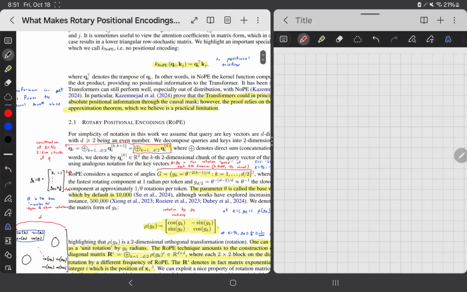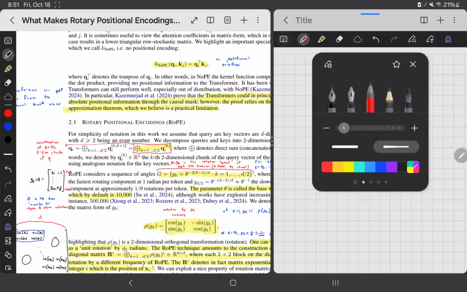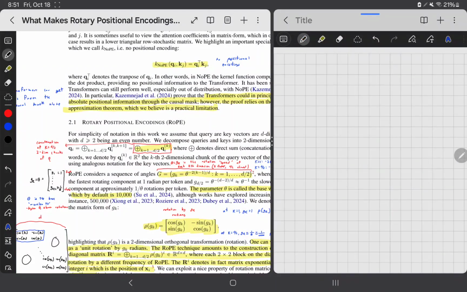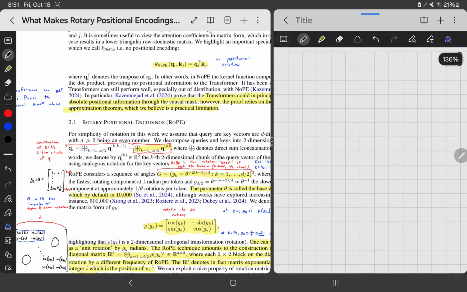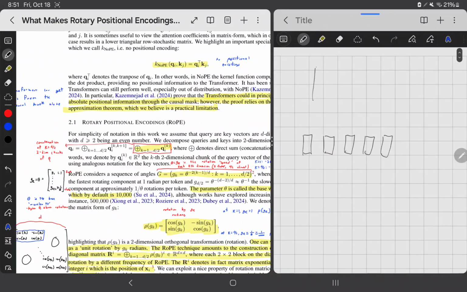So the idea behind RoPE, at least the intuition that was initially thought of behind RoPE, is we have some set of tokens here. Whenever we have our attention matrix, let's say 5 tokens, this is a 5 by 5 matrix, and we'll make it causal, make it easy.